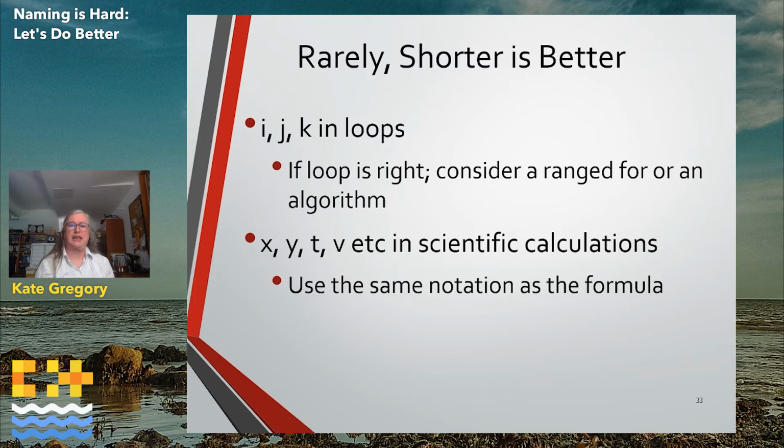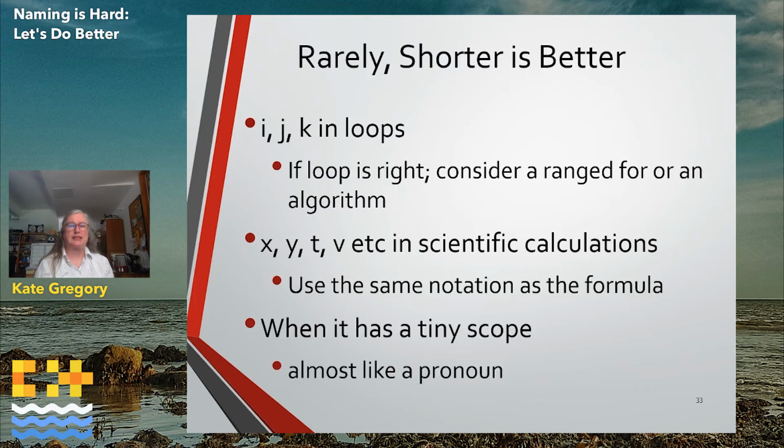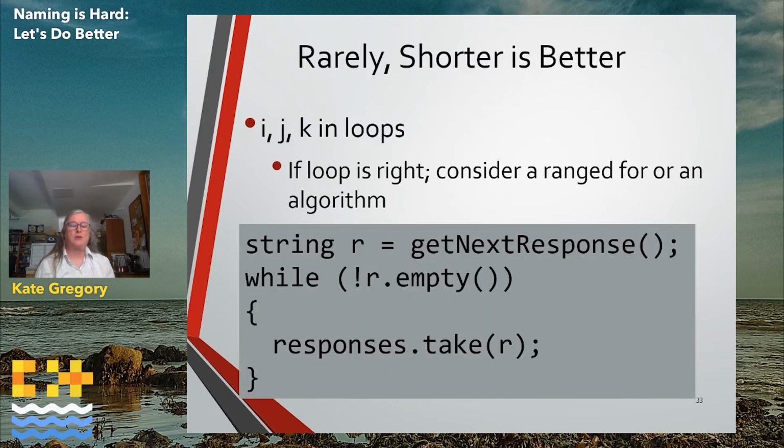And there's another case. Someone told me about this after a different talk, because they have to come up and tell me why single letter variables are okay. And I kind of like it. When you have a really tiny little scope, you can indicate that to people by the shortness of the variable name. So here it wouldn't be wrong for our string that comes back from getNextResponse to be called response.